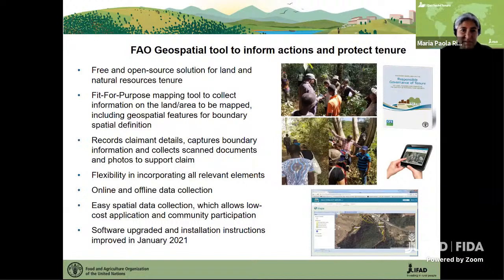As you might have understood from the video, it has a flexibility in incorporating all the relevant elements of the needed exercise, and the information collected by the Open Tenure tool and the system itself can work online and offline for data collection while going to the field.